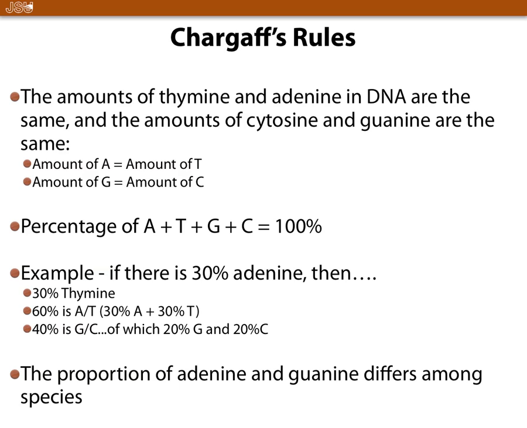So if we add those two up, we get 60% AT. So what does that leave left over? Well, 40% has to be GC. And if we know the amount of G equals the amount of C, then we can say that there's 20% G and 20% C. And these GCATs are, of course, the bases of DNA.